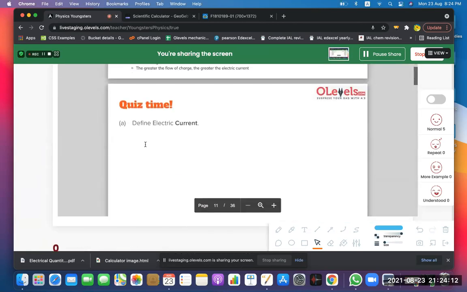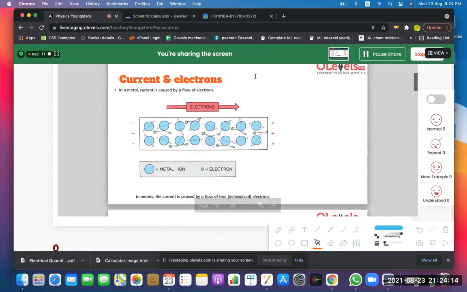Now let's move on. Current and electrons, our next subtopic. So in a metal, you know what metals are? We have already covered conductors and insulators. In a metal, the current is caused by a flow of electrons.